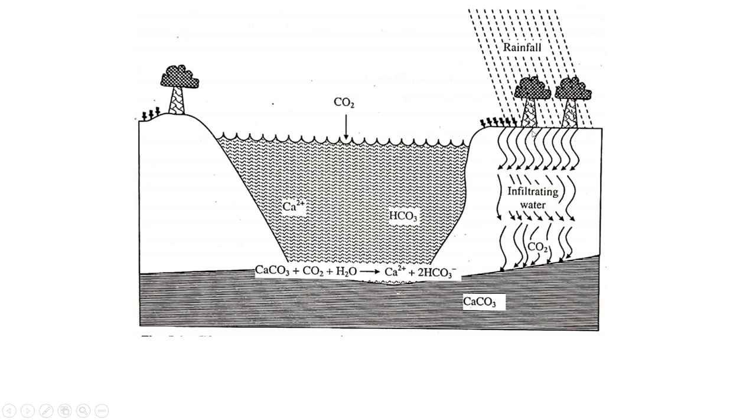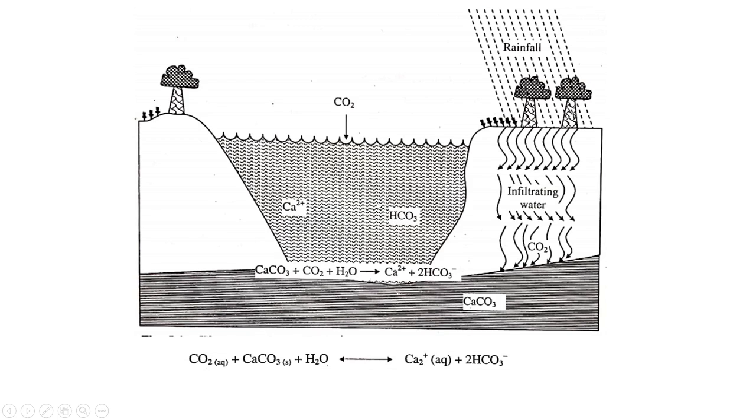Then in the rainfall, what happens? The water percolates through the land mass, and this carbon dioxide goes in the water. This carbon dioxide and water together form carbonic acid, and it reacts with this sediment, that is calcium carbonate, forming calcium bicarbonate, and this calcium bicarbonate remains in dissolved form in this reservoir.